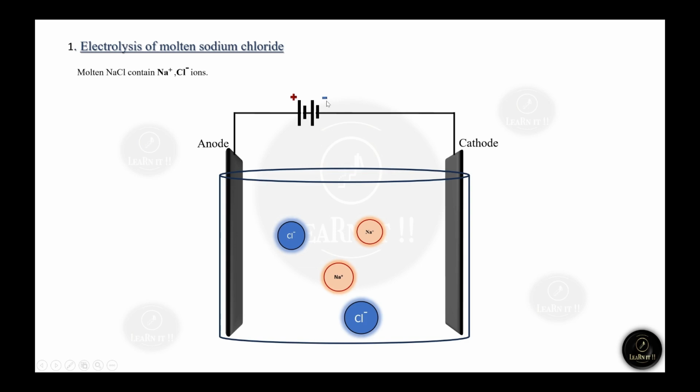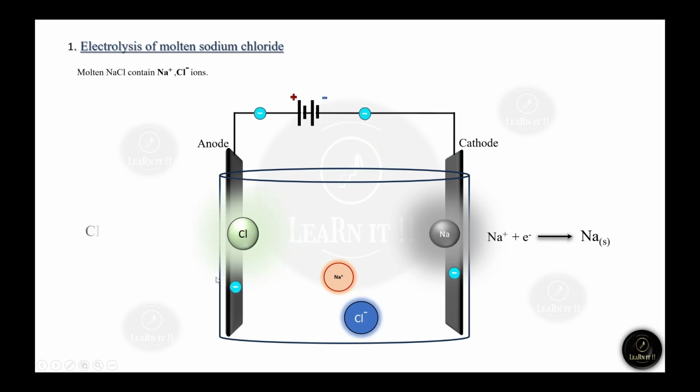Negative terminal of the battery is connected to the electrode, so it acts as a cathode. Positive terminal of the battery is connected to the other electrode, it acts as an anode. At the cathode, cations get attracted towards it, that is Na+ becomes Na, so reduction takes place. Cl- ions undergo oxidation to give Cl atom.